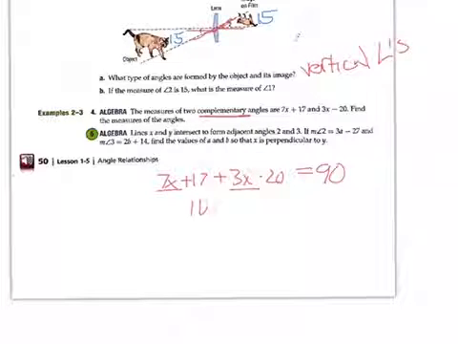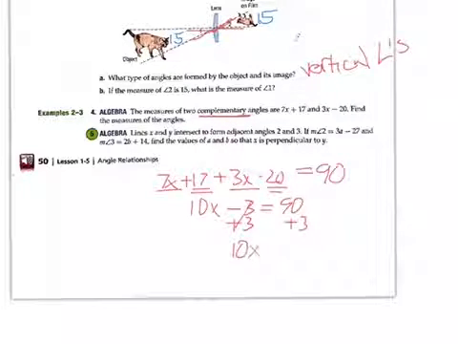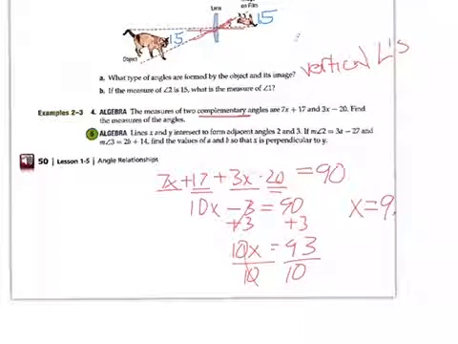So that's 10x minus 3 equals 90. Add 3. So if I do that, that's going to give me 10x equals 93. And then divide by 10. So we get x is 9.3.